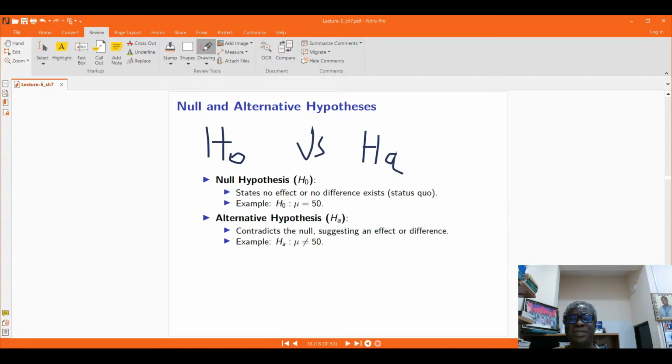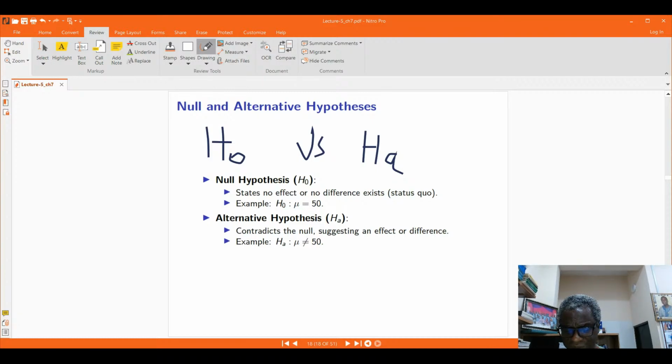For instance, in the case of a population mean, you can say the average height or average weight of the population is 50 kg, or the average score in the test, or in the exam, or in the assessment is 50.